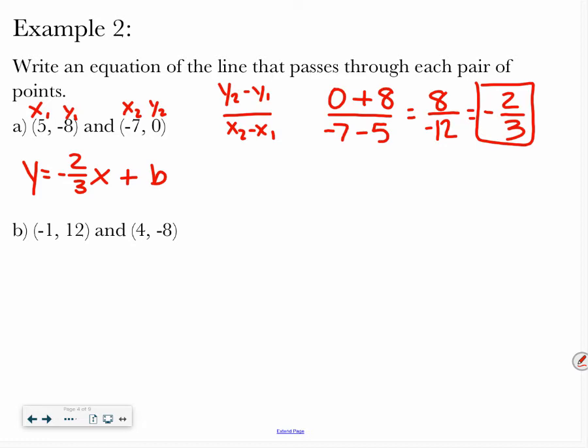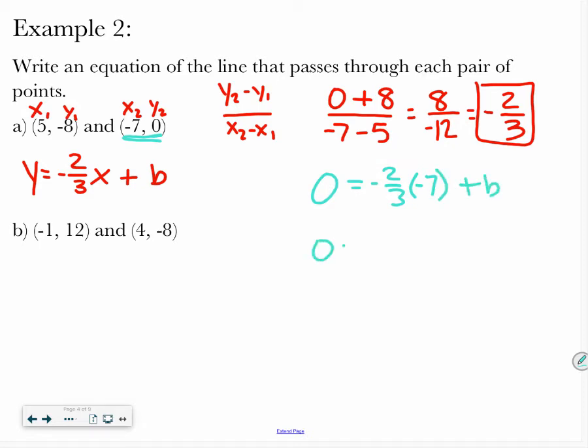Now let's figure out what my b value is. I take my y equals negative 2/3 x plus b, and I take one of my points and plug it in. I like zeros, so I'm going to use the point on the right-hand side, negative 7, 0. I would get a correct answer with either point, though. So 0 equals negative 2/3 times negative 7 plus b.